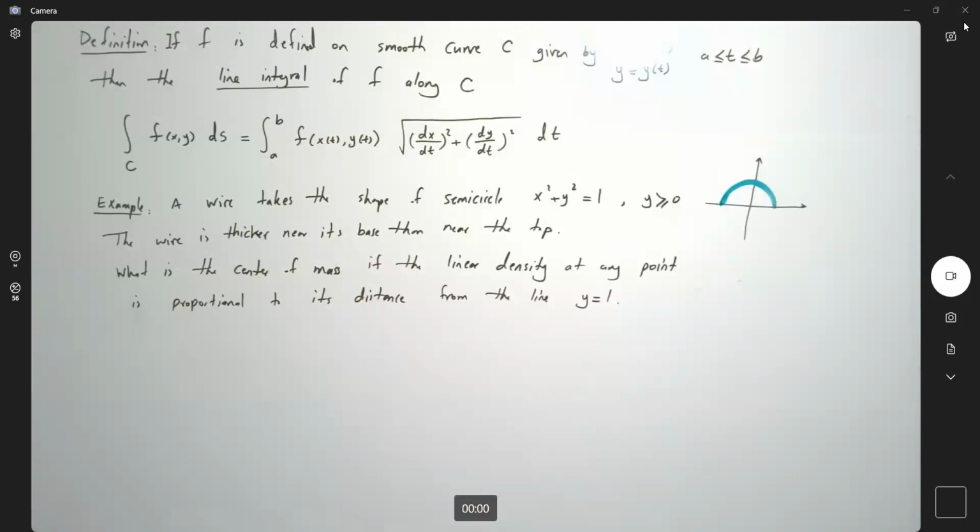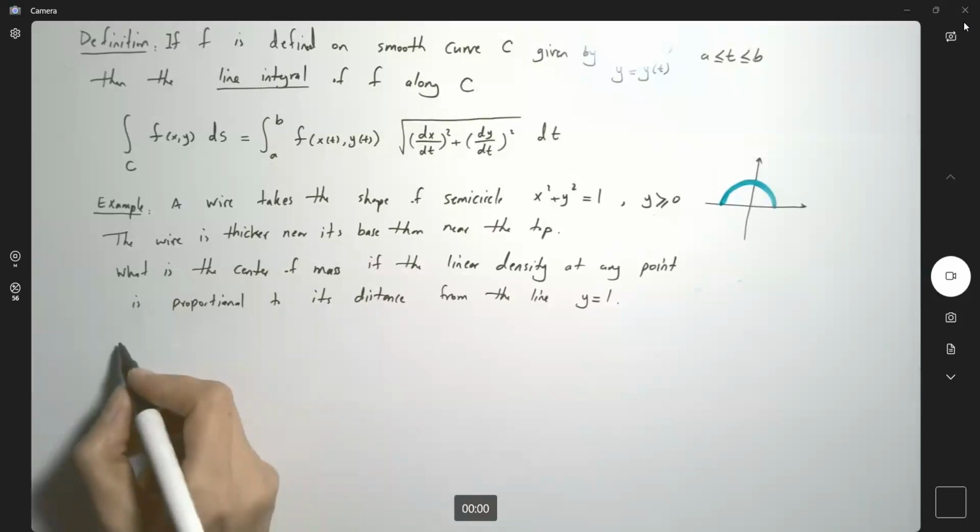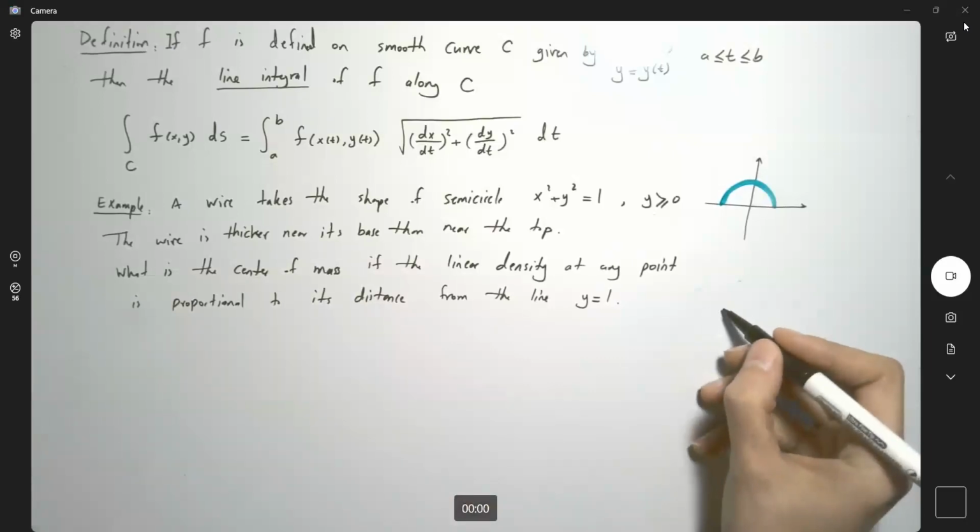So we basically know what we introduced before.